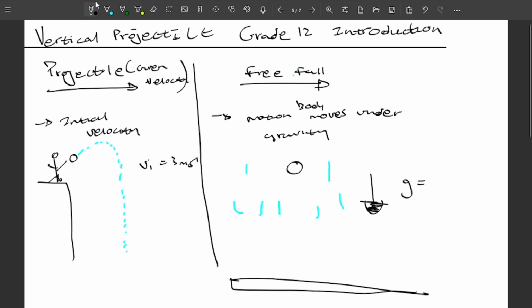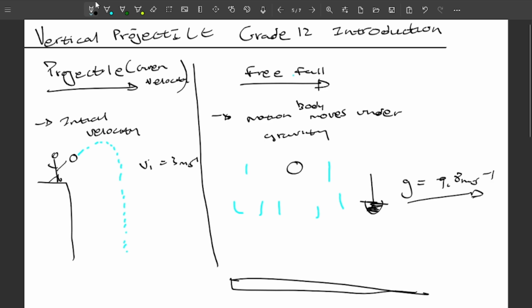Now, as it is falling down, there's a certain speed that it's moving with. But we don't say its speed, we say it's an acceleration, which is the gravitational acceleration, of which is what? It's 9.8 meters per second squared. Right? So that's how you can debunk these two terms themselves, and you can understand them that way. The first one being projectile, an object will be given velocity. That's how you can think about it.